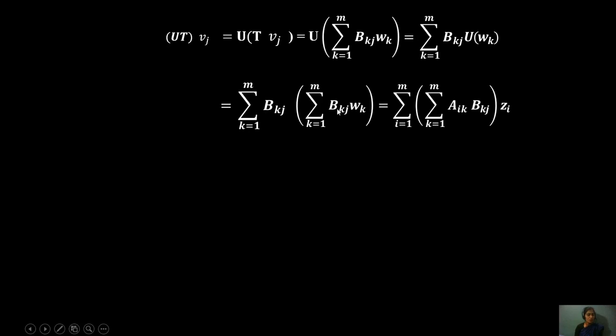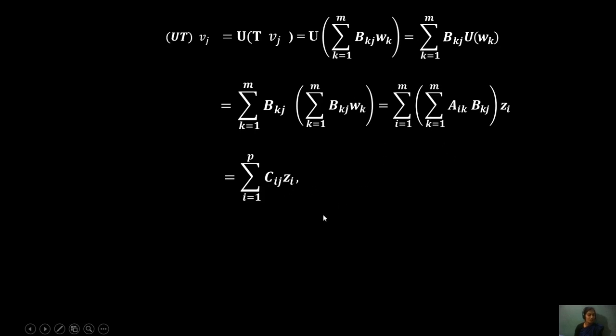We know that U(wk) is generated, with the value wk common, and U considered as the summation over k equals 1 to m of bkj. Both parts are common, and we get the summation over i equals 1 to p, summation over k equals 1 to m of aik bkj zi.